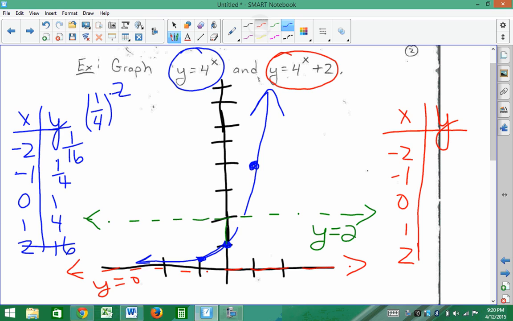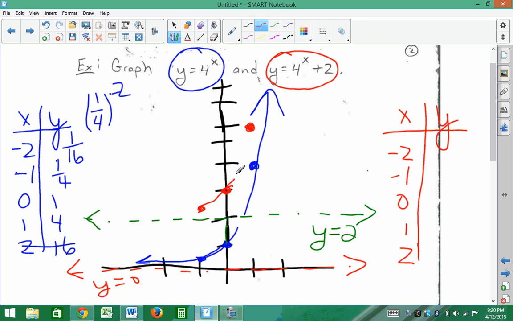And all of the other points are going to move up 2 as well. So 0, 1 becomes 0, 3. Negative 1, 1/4 becomes negative 1, 2 1/4. And 1, 4 becomes 1, 6.